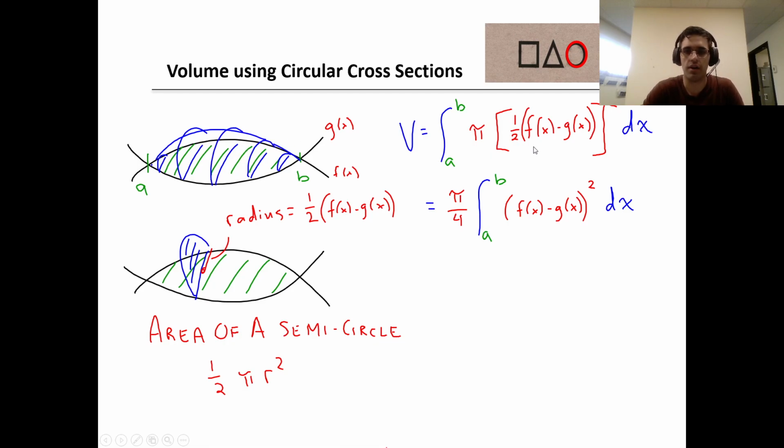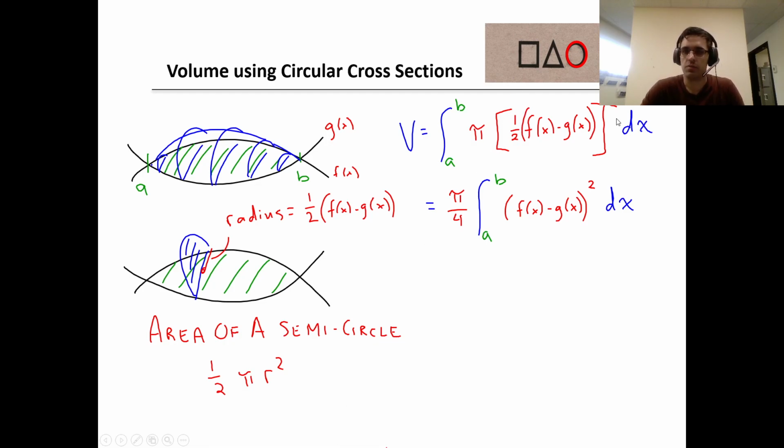The area for a circle would be pi r squared, so the area for half a circle would be pi times 1/2 of r squared. 1/2 meaning we're just doing half of the area, or the area of half of a circle. So if I calculate this from a to b, it would be the integral from a to b of pi times the quantity 1/2 times f of x minus g of x squared, or 1/2 of the radius squared times pi.